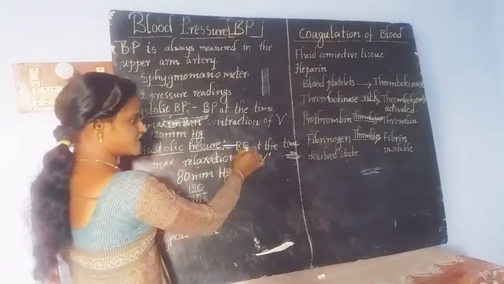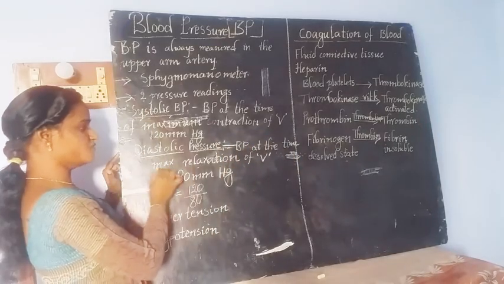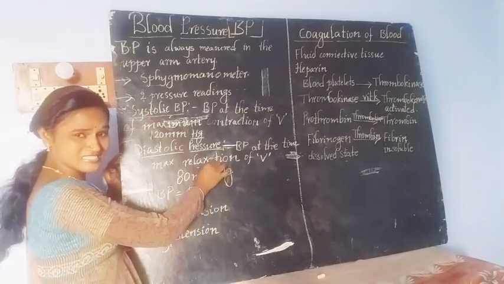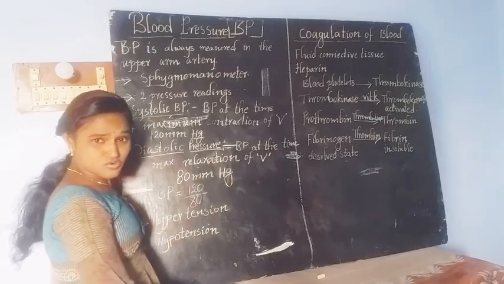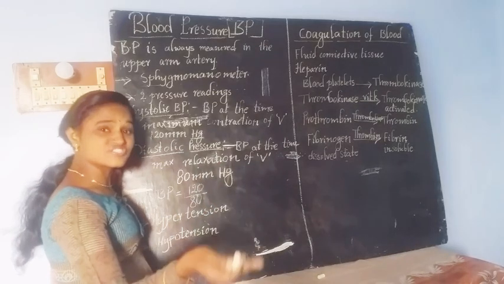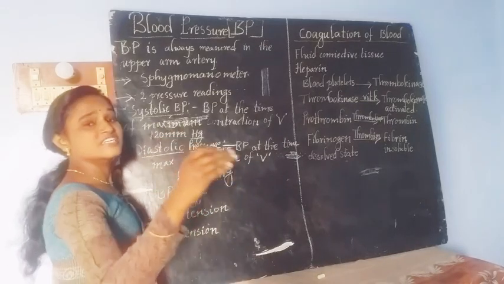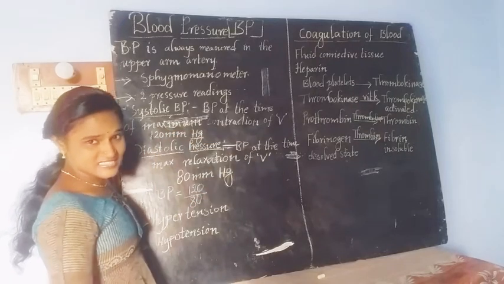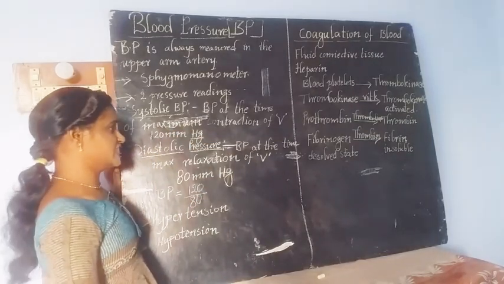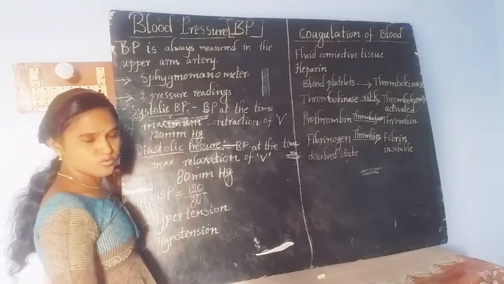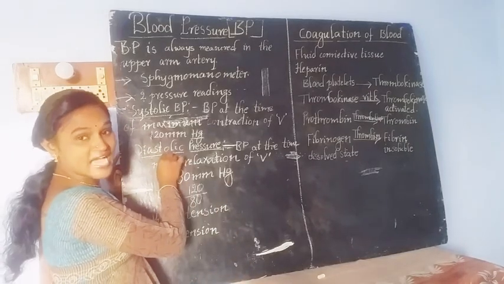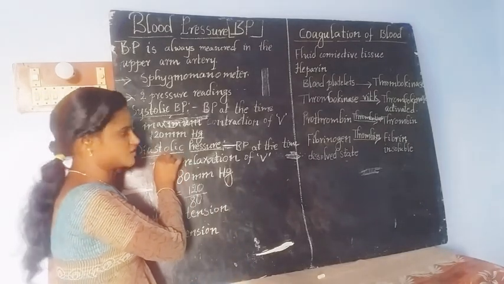At maximum relaxation, there is no blood in the ventricles. Until the ventricles refill with blood, they are in the relaxation phase and the pressure is very low. That's why we call this reading diastolic pressure.